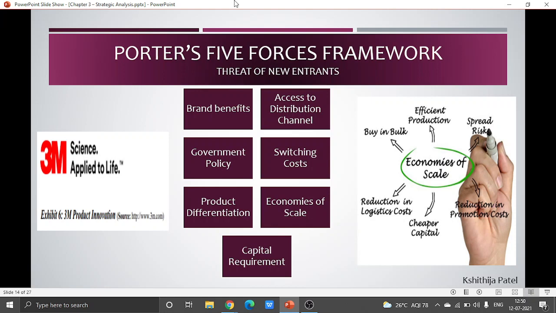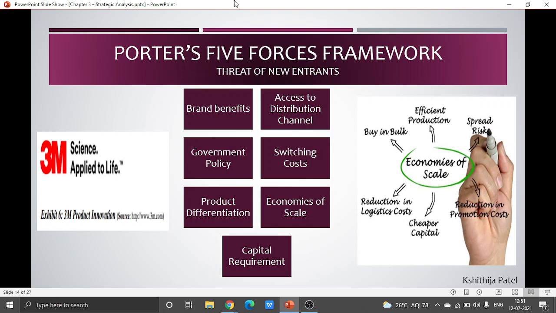Now, if new firms are able to come into an industry, then the existing firms have to either share a certain portion of the growing sales with a larger number of competing firms, or they have to part with some of their own market share. Either way, the existing firms have to face declining sales volume and revenue, ultimately leading to a fall in their profits.